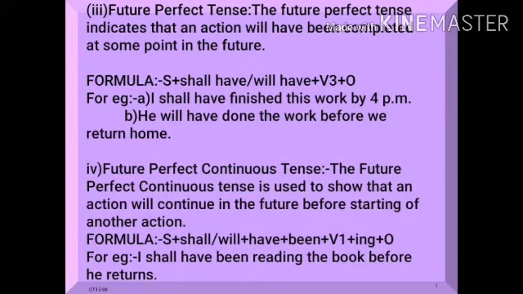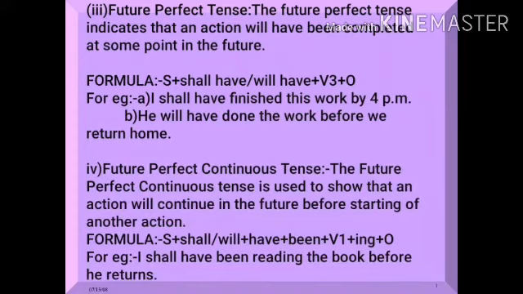For example, students, if you see the formula, you can understand it well. I shall have finished this work by 4 p.m. Here I is the subject, then shall have, according to the formula I have written, finished is V3, then this work is the object, and by 4 p.m. is the time, which is telling us about the future time.